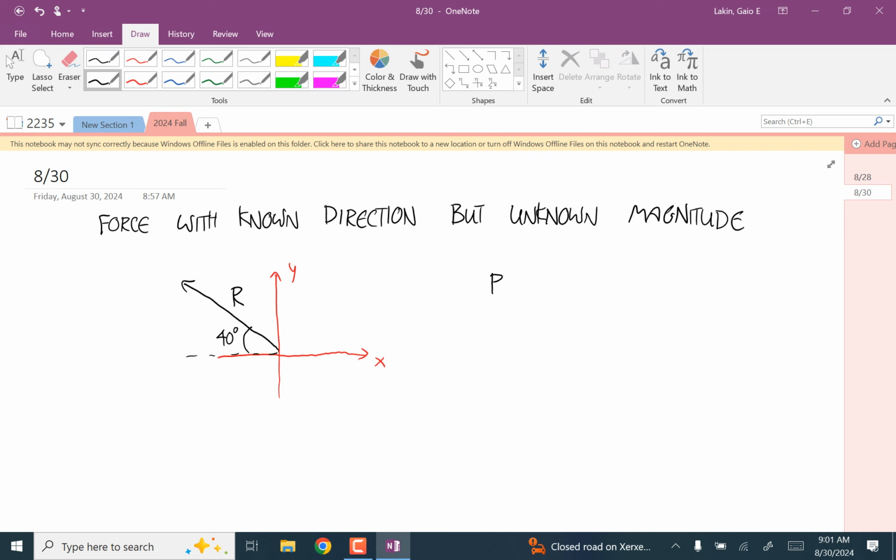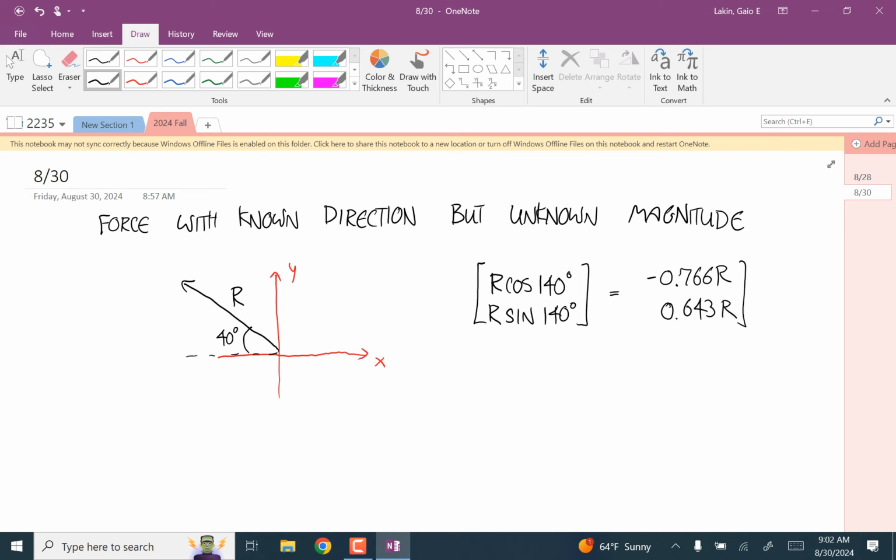So this is just going to be r times the cosine of the counterclockwise angle here. You can think of this as 180 minus 40. And r times the sine of 140. And if you do that calculation, you get negative 0.766 r, positive 0.643 r.